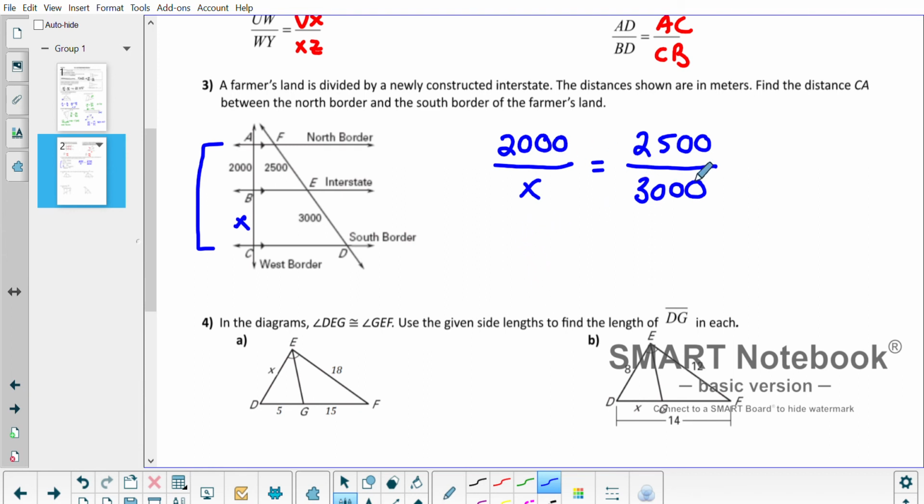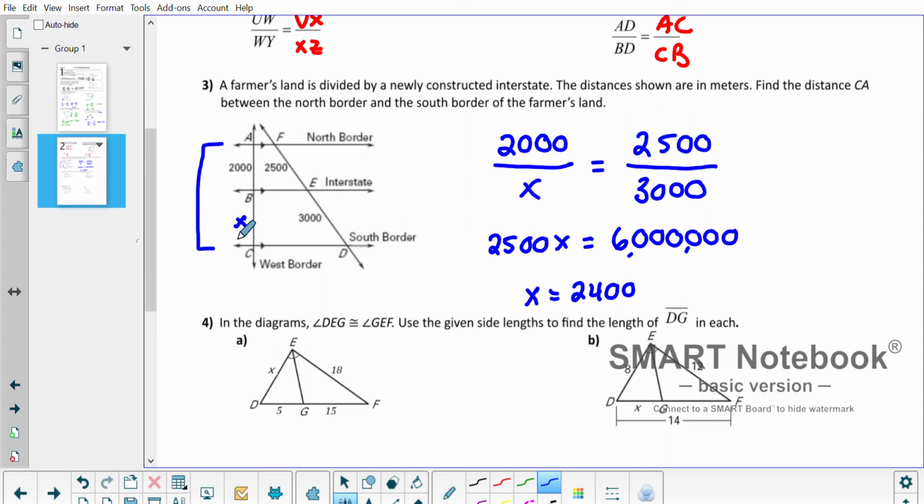So if we use our cross products here, we would have 2,500x is equal to 6 million. Then if we take 6 million and divide it by 2,500, it will give us the value of x, which is 2,400.